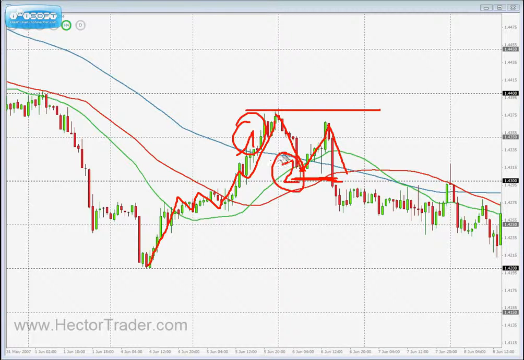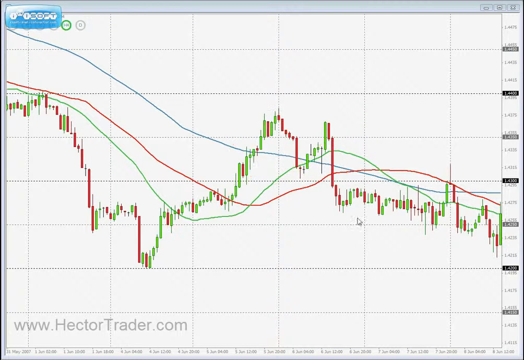This being aspect number 2, the last attack being aspect number 3. As we take out the low of aspect number 2, as usual a couple of pips below, we trigger our short entry. Stop loss, just as we determined on the bullish 1, 2, 3 formation, a few pips beyond aspect number 3. That would be our stop loss. This would be our entry.